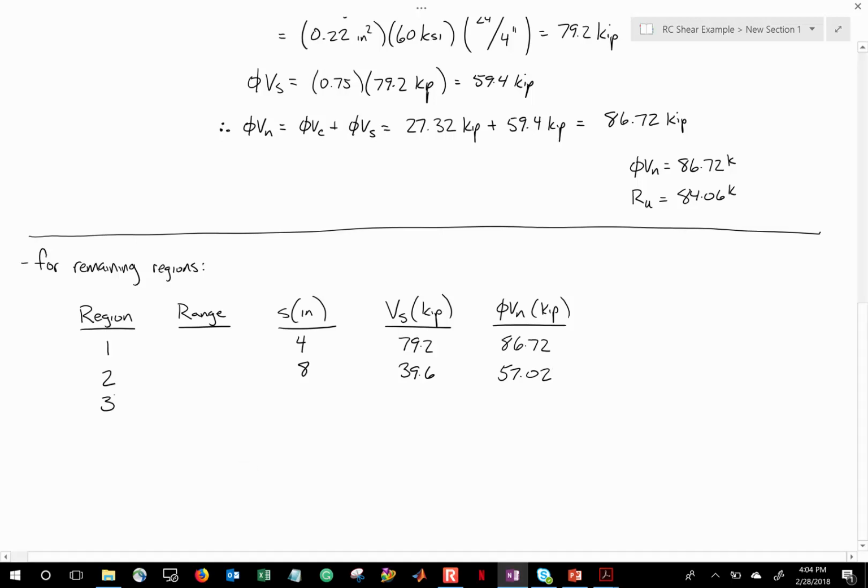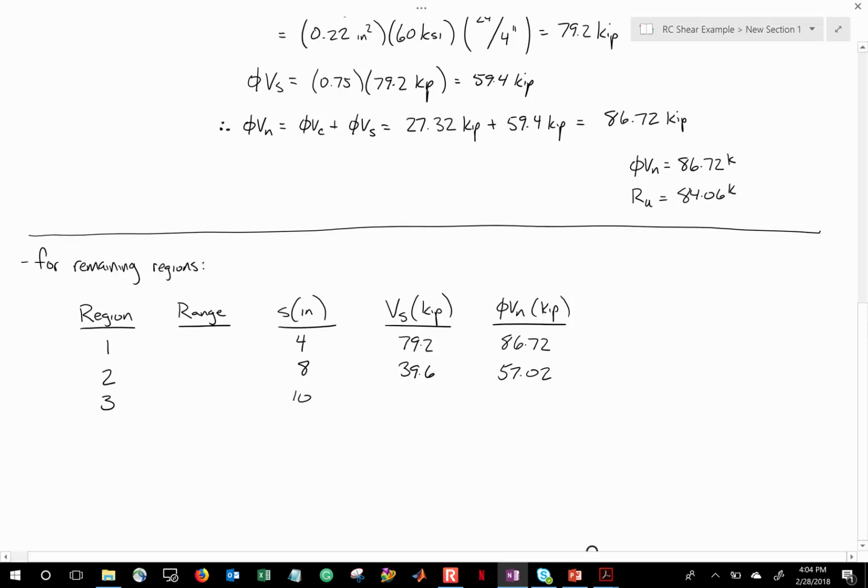For region 3, S is 10 inches, so the numbers are going to go down just a little bit more. When you plug and chug, this ends up being 31.64 kips. So this is, let me see, can't quite read that. Give me one sec.